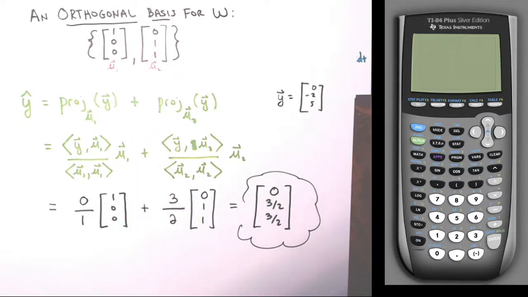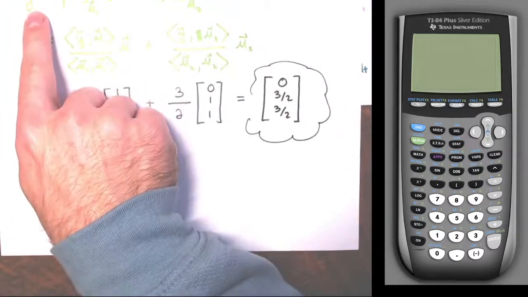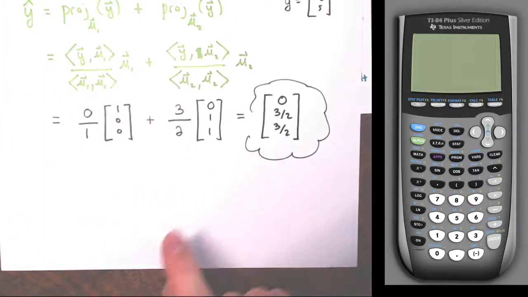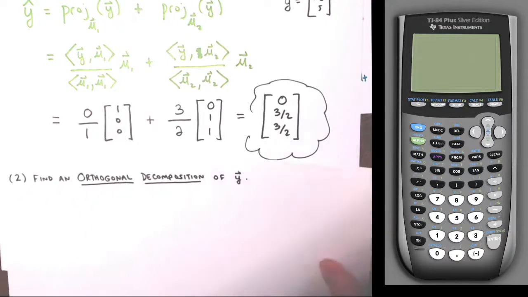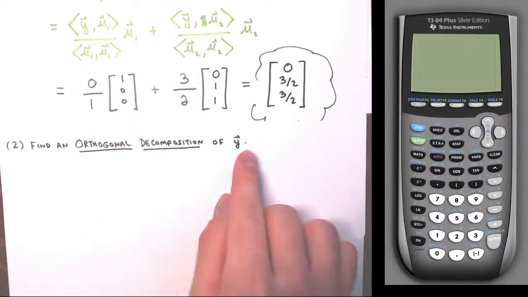As with the other problems, now that I have this projection vector, y hat, the vector on W, I want the other part of the decomposition of y. I want the vector from the orthogonal complement of W. So find an orthogonal decomposition of y.